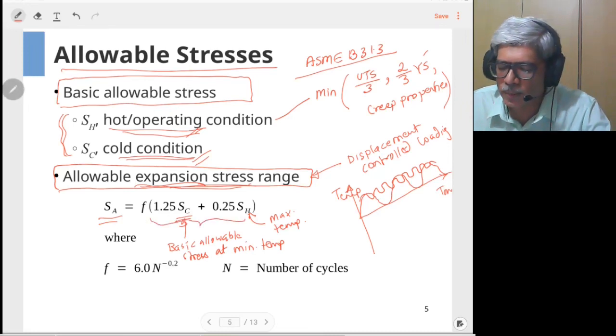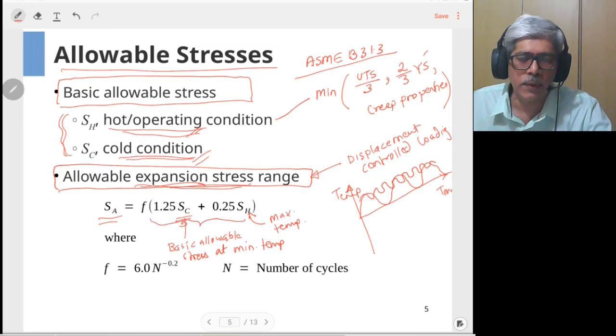So in this formula, the term inside the bracket consists of 1.25 times the cold allowable stress or minimum temperature allowable stress and 0.25 times hot allowable stress.